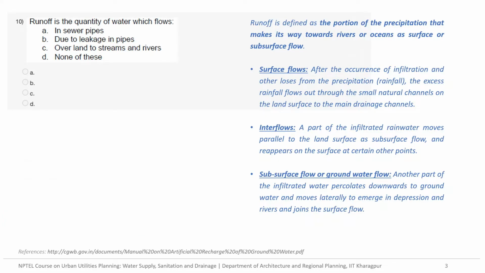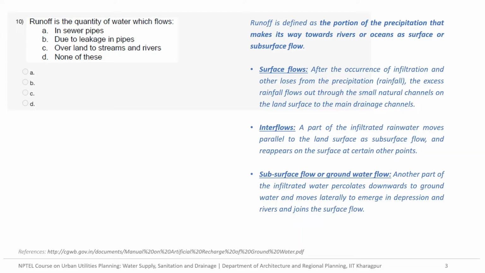The next question: runoff is the quantity of water which A flows in sewer pipes, or B due to leakage in pipes, C over land to streams and rivers, or D none of these. So we can see this is from a manual on artificial recharge of groundwater by the government of India.